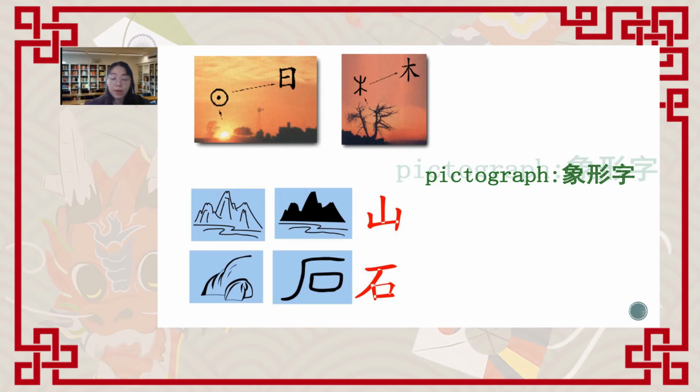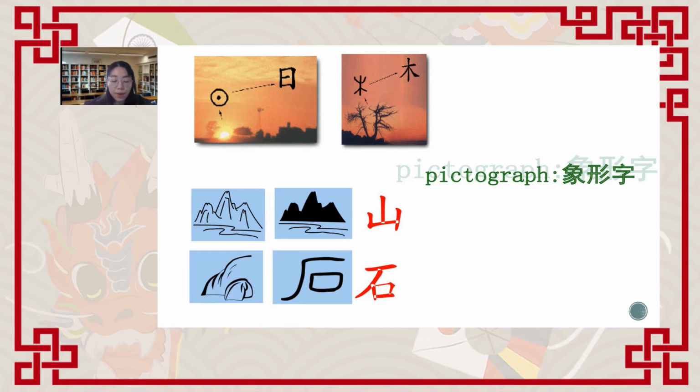In the picture in the lower left corner, we can see 2 Chinese characters. The upper line is painted with mountains. We can compare the shapes of the pictures and the character. We can see that they are very similar. So this Chinese character means mountain. In the second line of the picture, we can see a big rock.